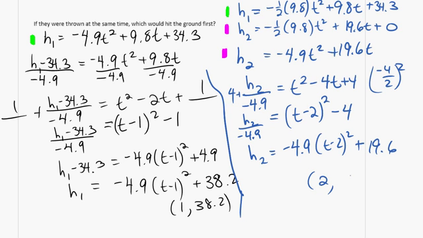So after 2 seconds, this gets to 19.6. So when I'm throwing it from the ground, gravity holds it down. It only gets to 19.6 meters, which isn't even as high as the initial building. So not even close, but let's graph them both.